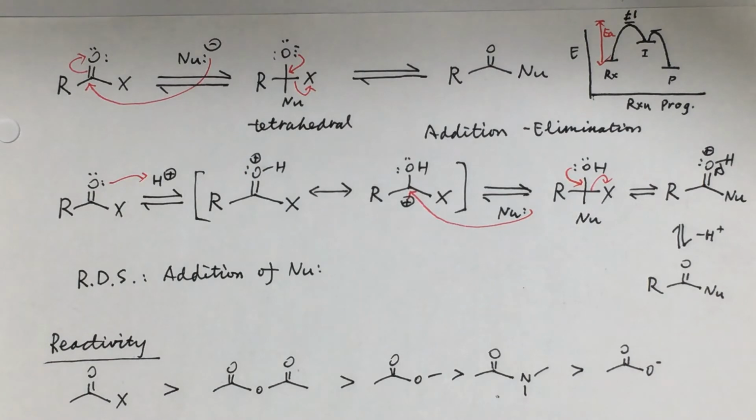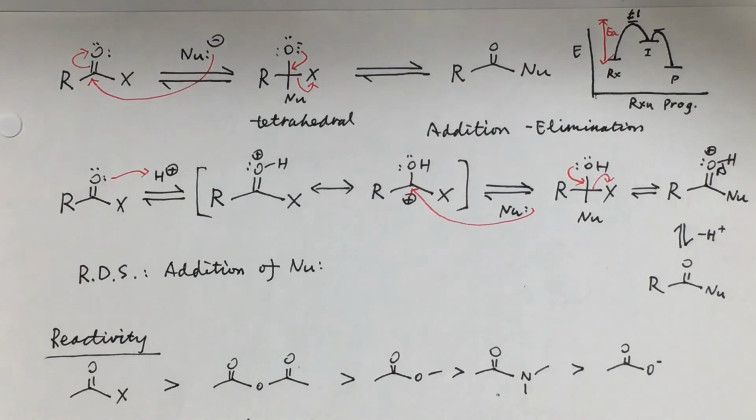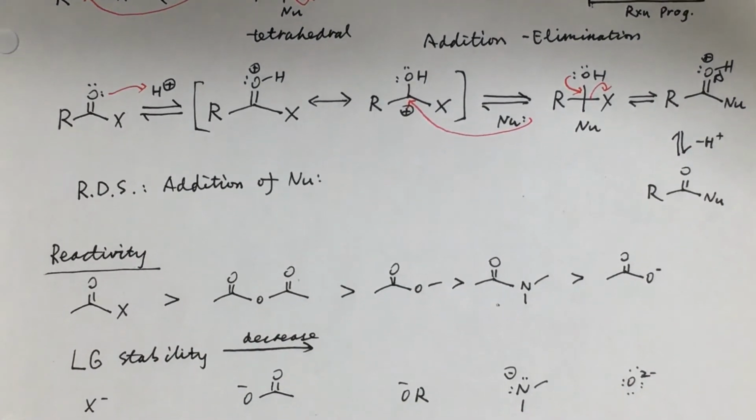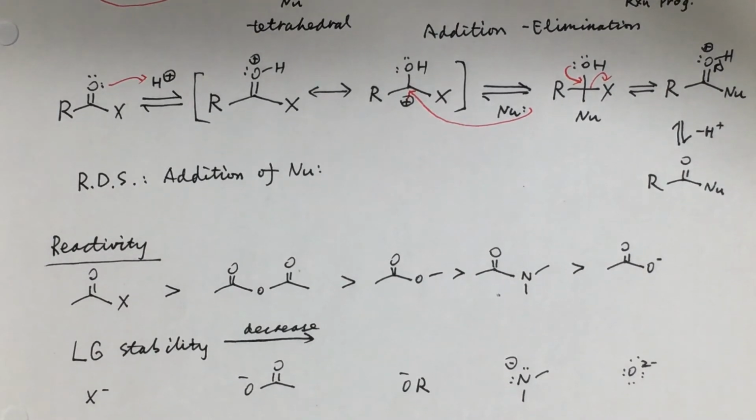Okay, and the reactivity in this order is due to a number of reasons. Many of the books like to discuss nucleophilic acyl substitution reactions by looking at the stability of the starting material, the leaving group stability, and the nucleophilicity of your nucleophile. Okay, so we're going to go over some of these together.